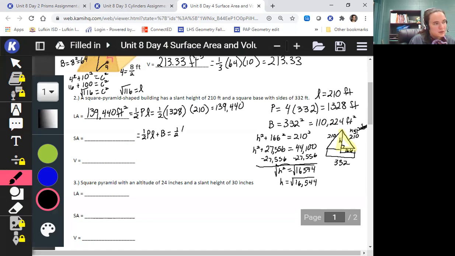So 1/2 times 1,328 times 210 plus the area of our base, which is 110,224. So we get 249,664 feet squared.